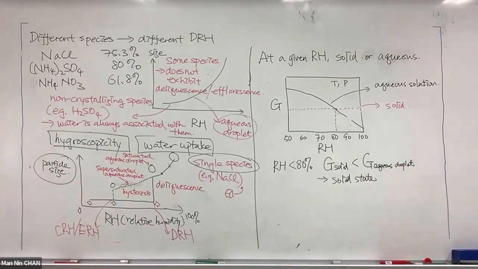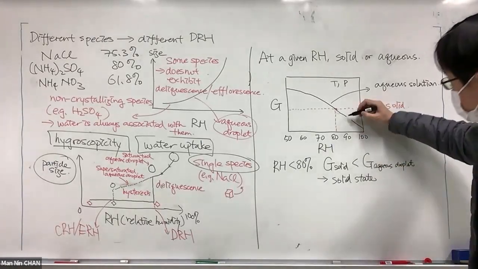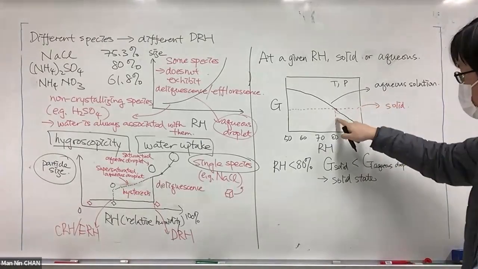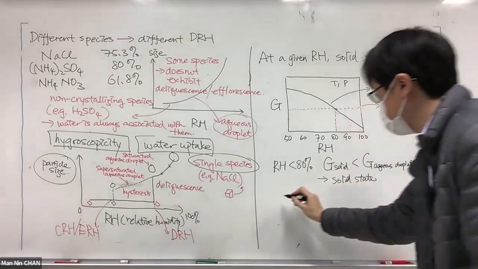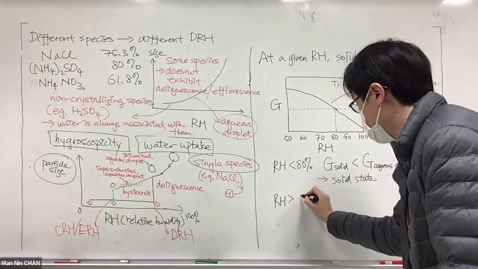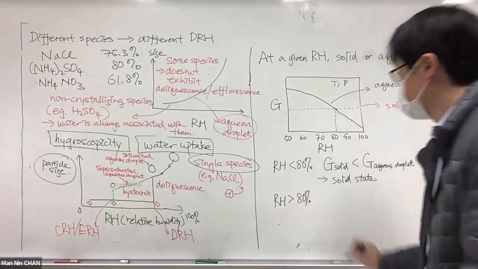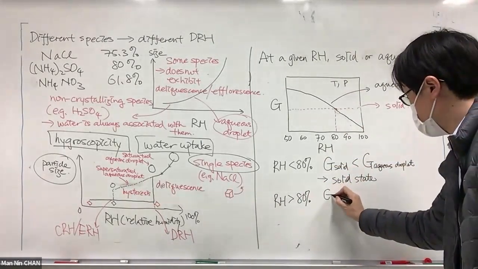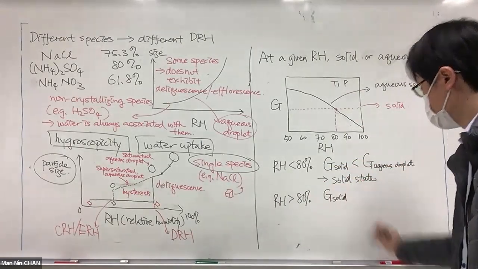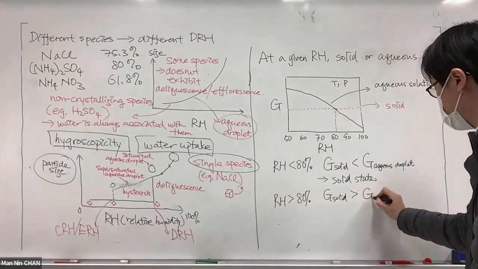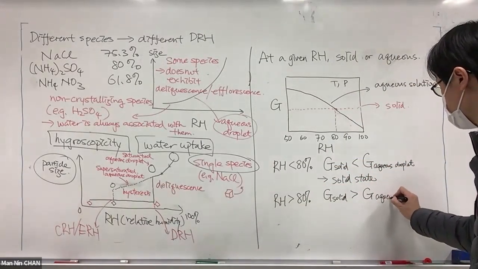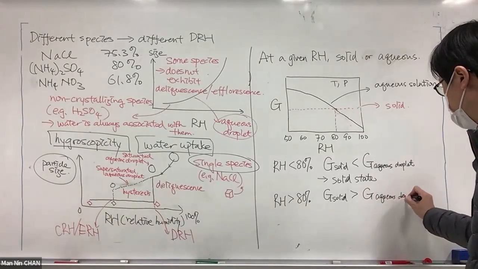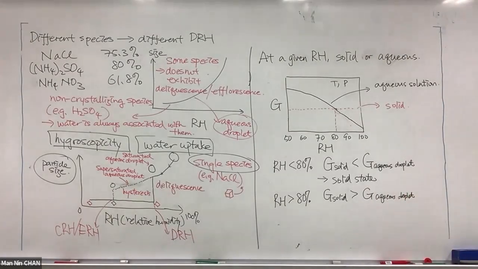Now if we keep increasing our RH, say larger than 80%, what will happen? This is just the opposite. That means your Gibbs free energy of your solid will be larger than the Gibbs free energy of the corresponding aqueous droplet.